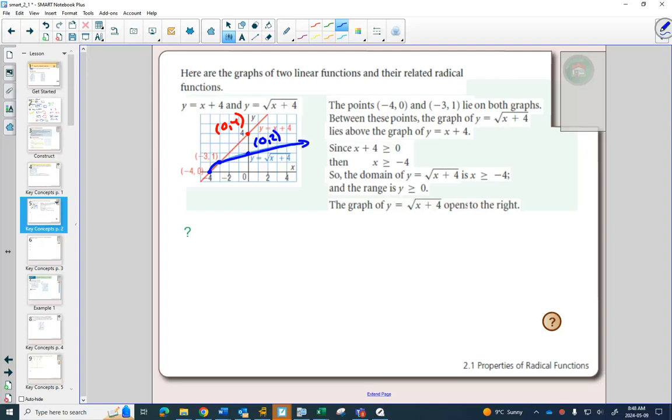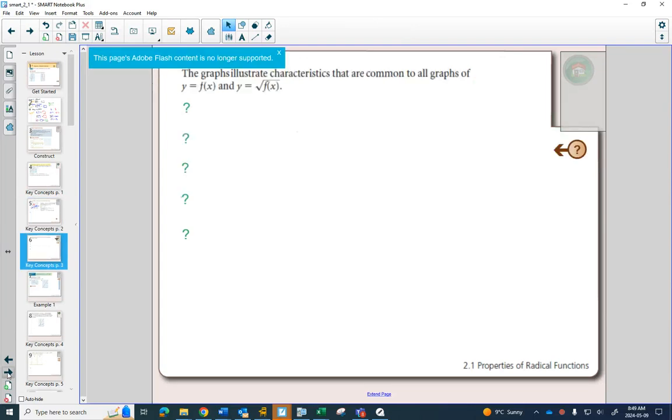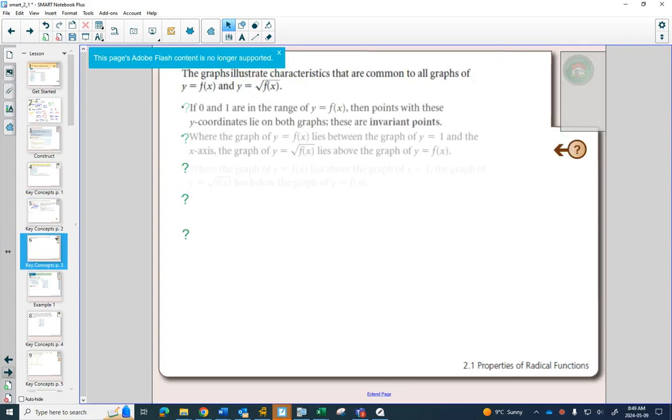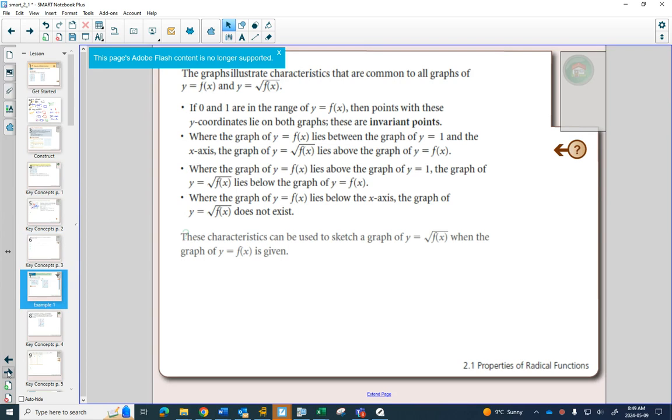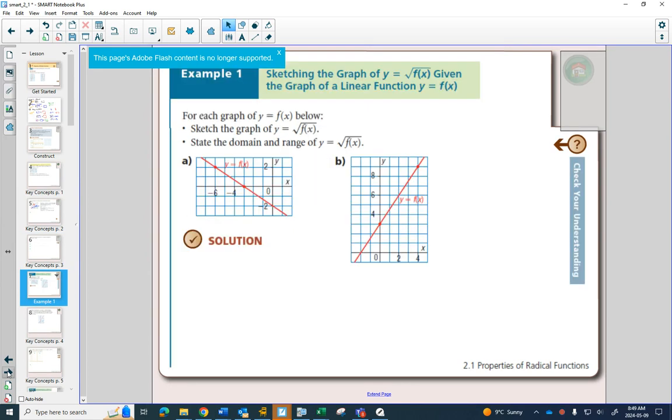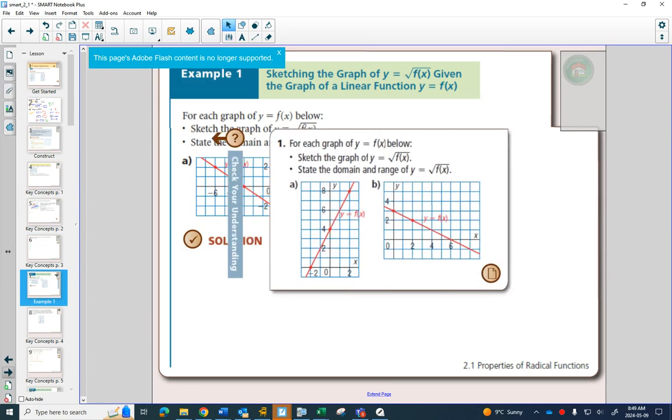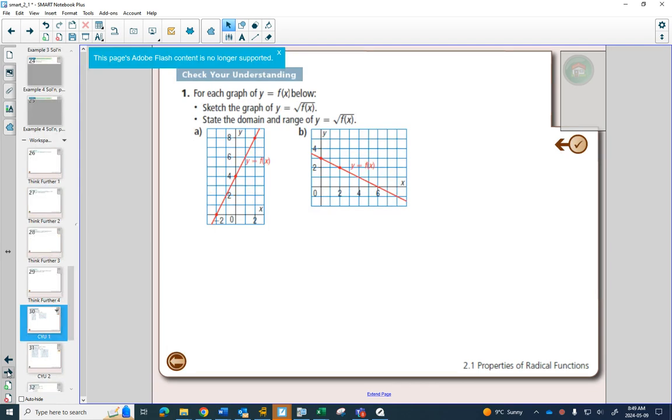And so we can use this idea to graph the square root of x plus 4 as well. And this will be our new idea for graphing square roots because it works with any function inside that you can graph. And sometimes even ones that you have done before become easier with this technique.